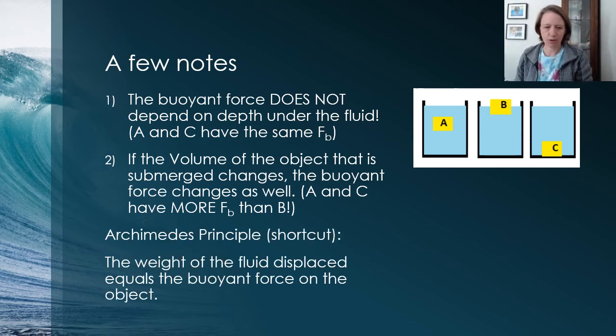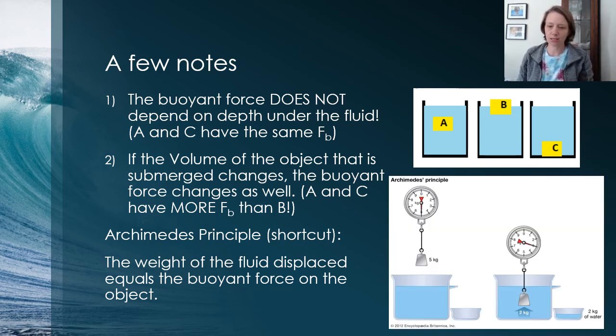There's also something known as Archimedes' principle, and we'll probably derive this in class, but it's a convenient shortcut for many of these problems, which basically says that the weight of the fluid displaced equals the buoyant force on the object. So if I take this heavy weight and I hold it on a scale and it says 5 kilograms, and then I put it into the water, you'll see that 2 kilograms of water would come out of the top of that container.